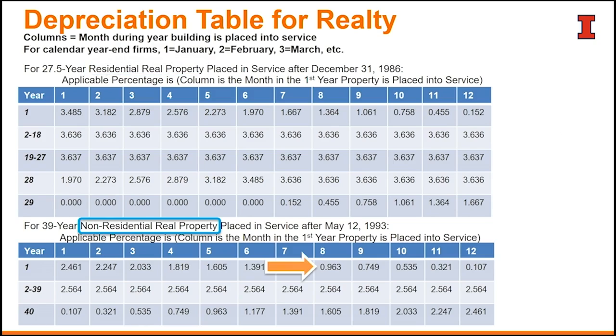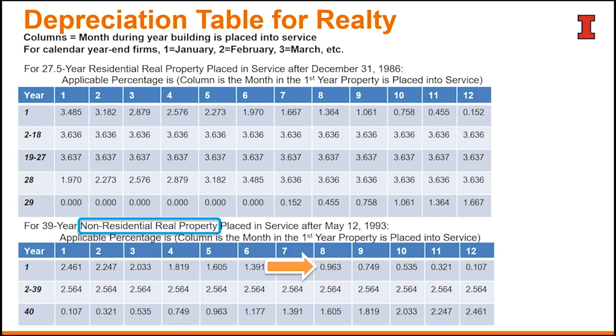The bottom table shows the depreciation rates for non-residential real property. Same idea here. If you're a landlord or a business owner and you place into service an office building or a warehouse, that is non-residential real property, on August 4th of the current year, then you look at the bottom panel because this is the non-residential real estate panel, and you look in column 8 because August is the 8th month of the year.